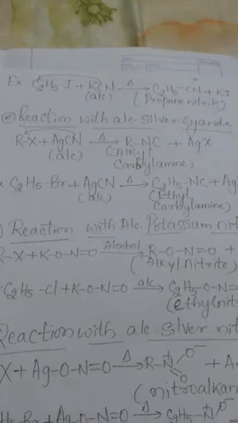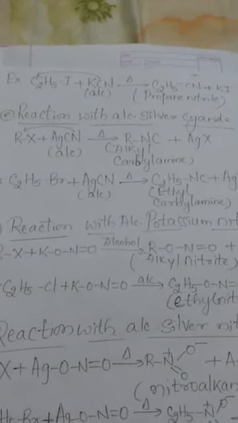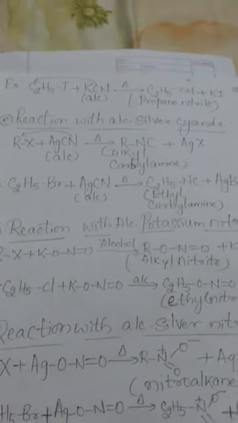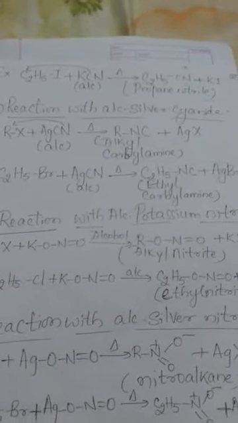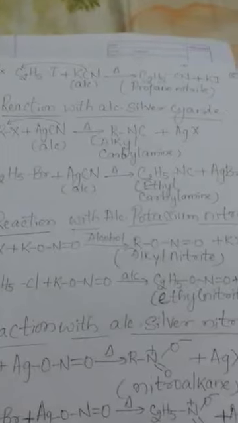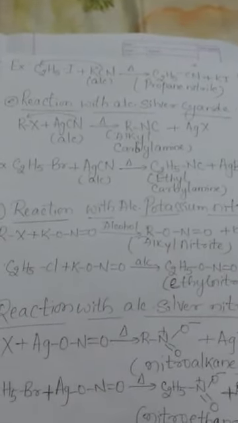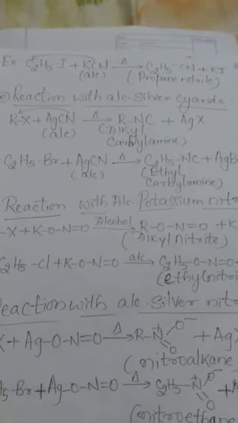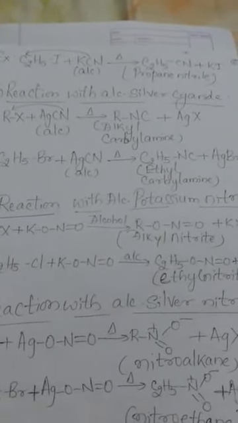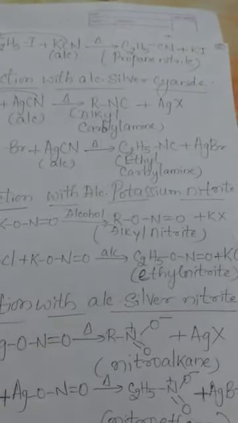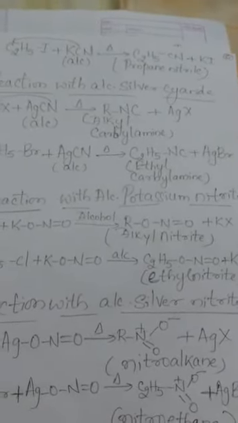So alkyl halides on heating with alcoholic solution of silver cyanide give corresponding alkyl isocyanides, which in the IUPAC system are named as alkyl carbylamines. To give one particular example, bromoethane on heating with alcoholic silver cyanide gives the corresponding isocyanide as ethyl carbylamine, C2H5NC.